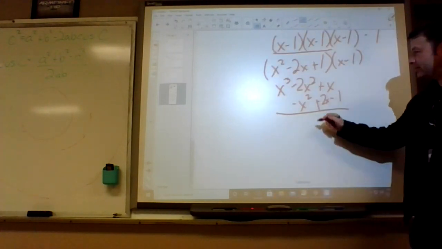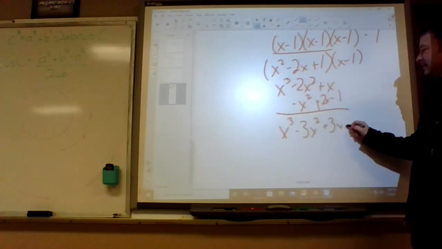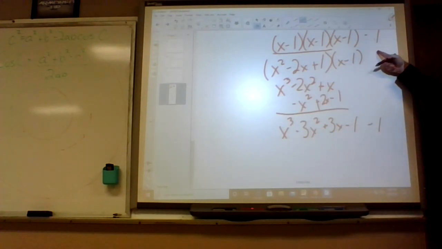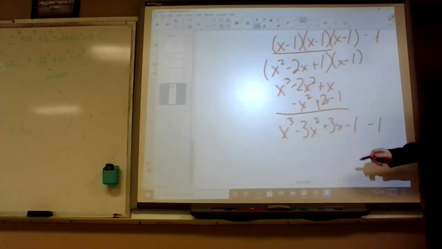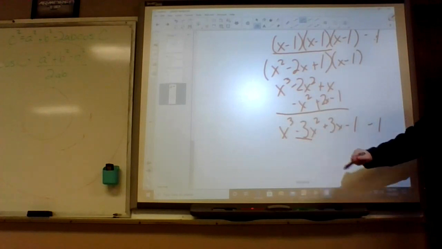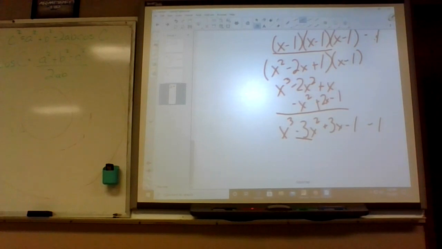And then add the like terms. I probably should slow down. And there's a minus 1 that was sticking up there. I was looking at the wrong spot.